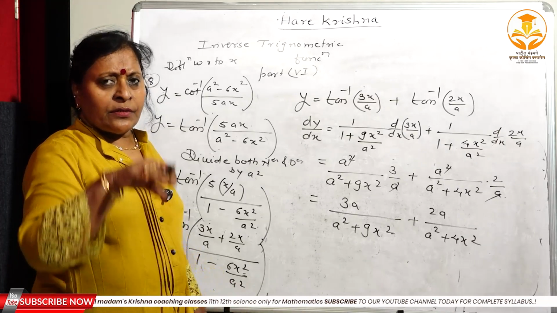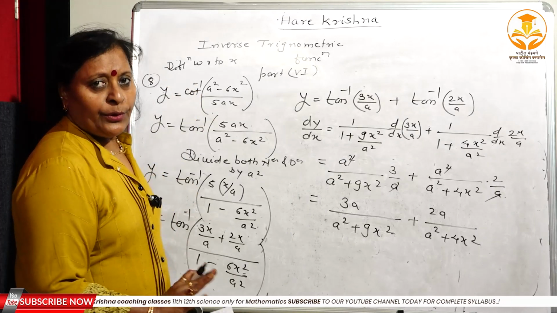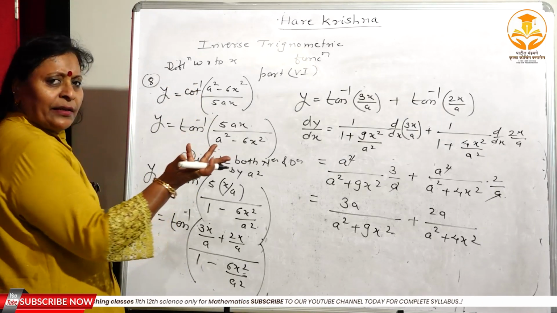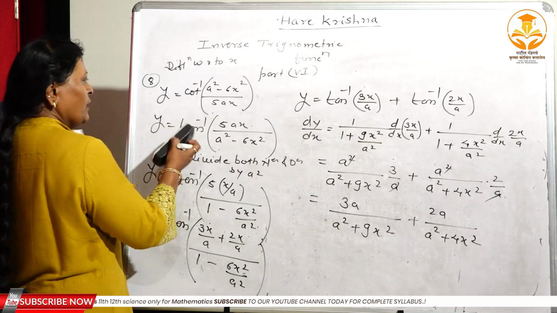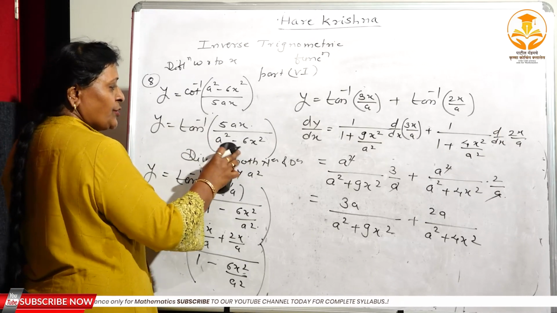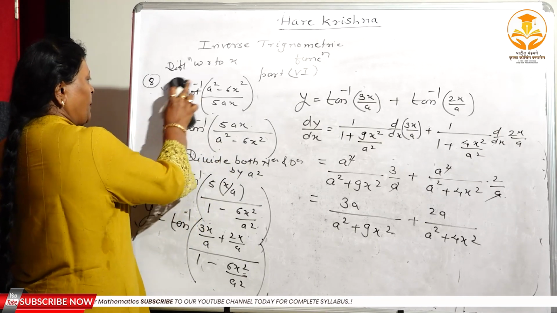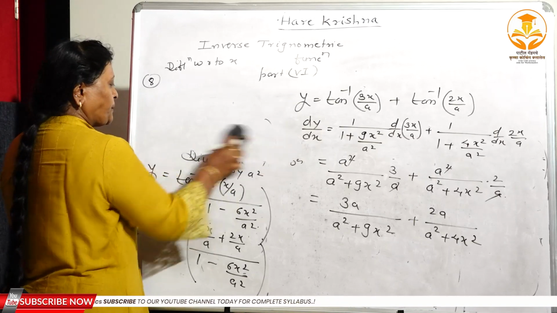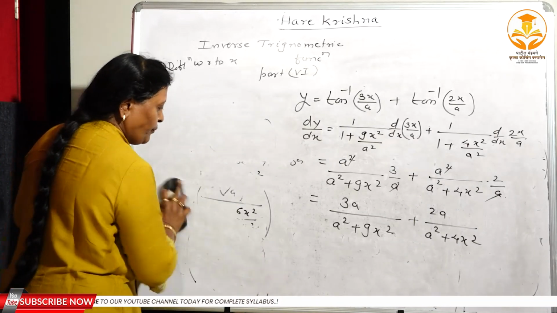Whatever the formula is on tan, you have to remember yourself, isn't it? Tan 3 theta, no question of this here. Therefore you have to judge which formula you can imagine here, you can apply yourself, right?